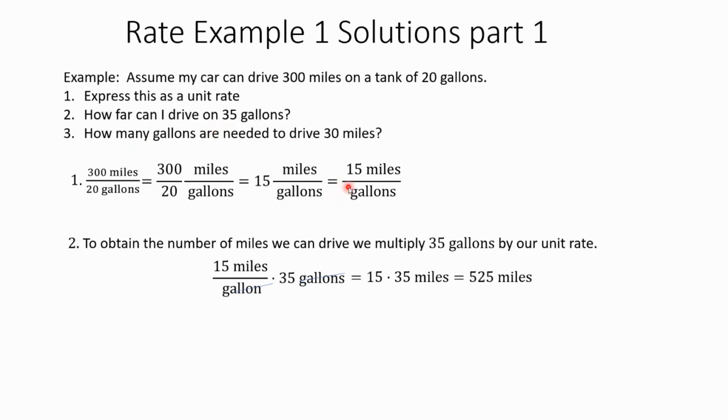Namely, we have our rate, and we want to know how far we can drive on 35 gallons. So if I have 35 gallons of gasoline, how many miles can I drive? Well, we multiply.